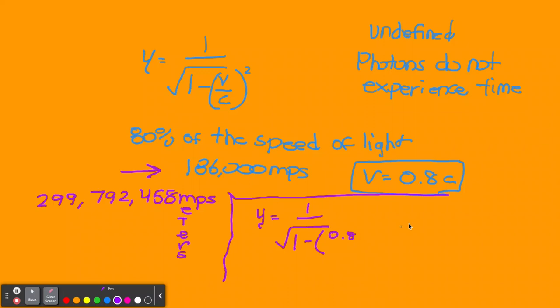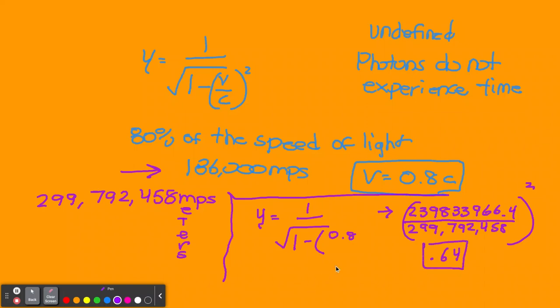If you do all this math, it'll come out to this number. But you really don't have to do that, and you'll see why in a minute. You're going to divide it over the speed of light in meters per second, and of course, all that will be squared. And if you do that, you'll get 0.64.